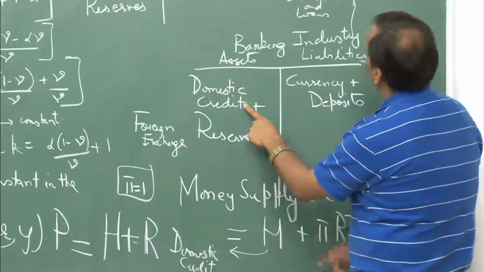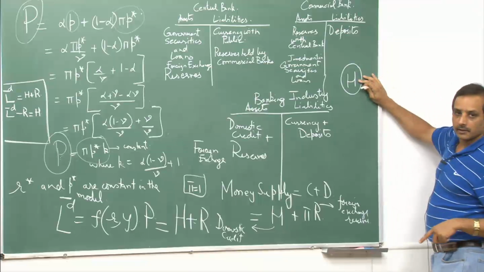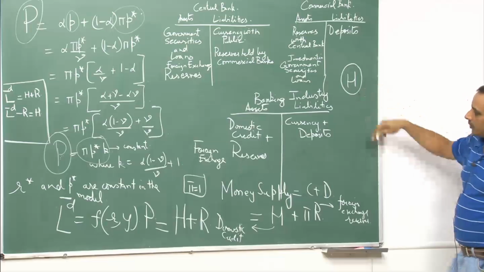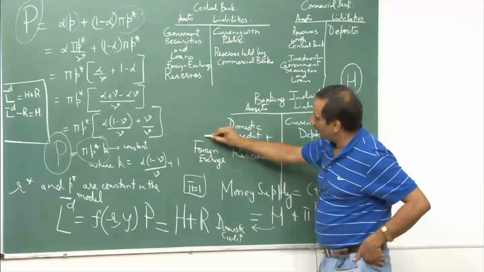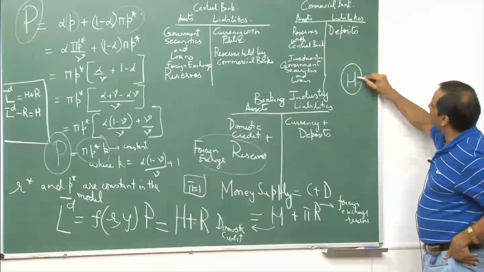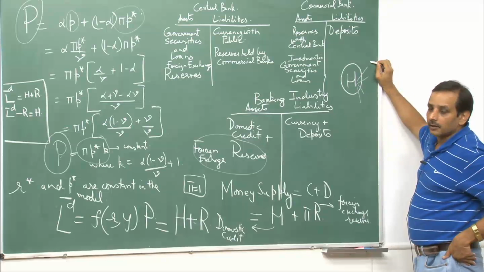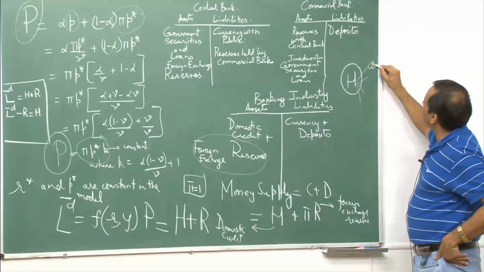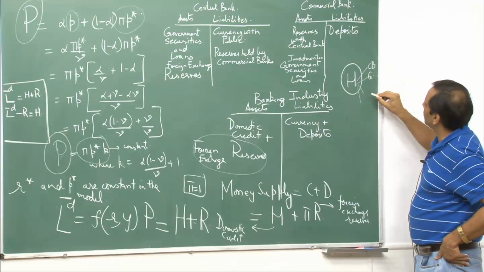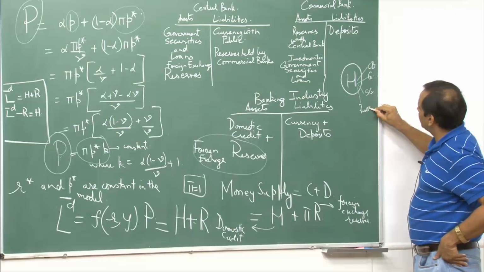So, H, this is the high powered money, that is the money of the central bank. It changes because this changes, and because there are demands which are coming from the other functionaries in the economy. It can be commercial banks, it can be government, central government, it can be state government and reserves.